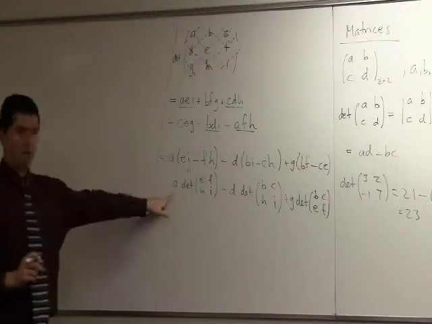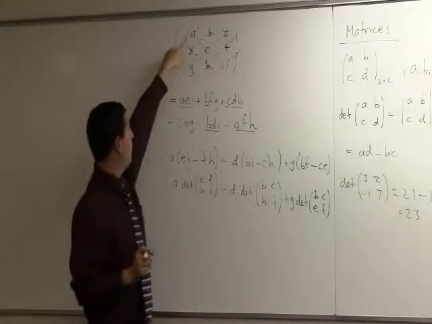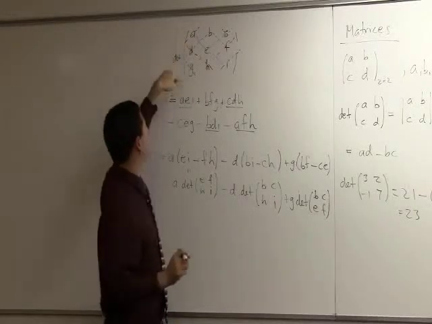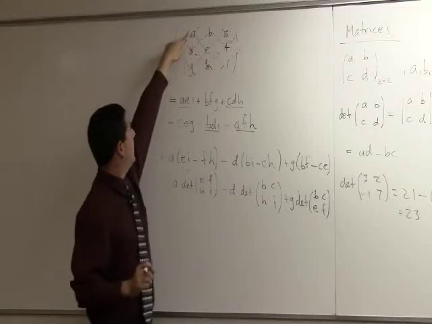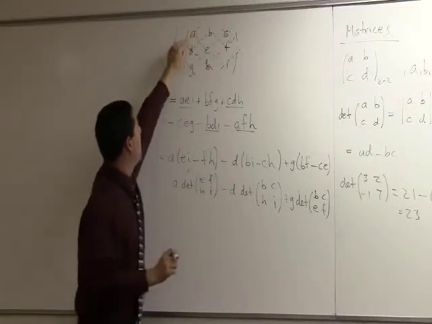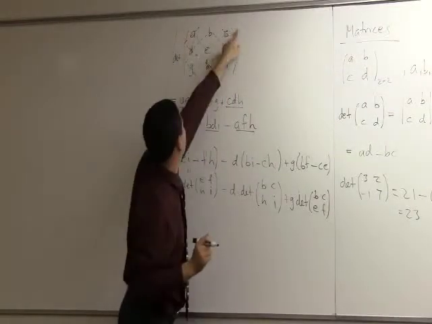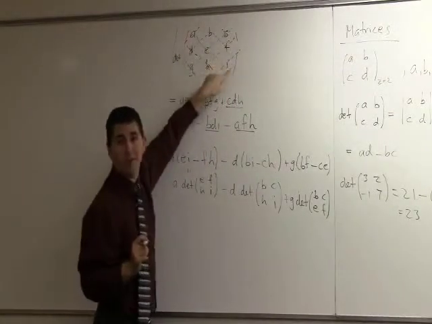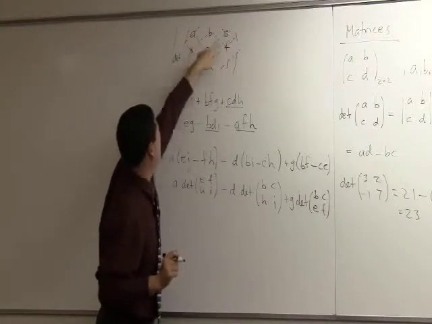Okay, so let's take a look at what you do. You pick a row, and this would actually work if I chose any row or any column. So I pick a column, actually, is what I did. And you start with your A, and then you just cross out this column and this row, and that leaves you with a 2 by 2 matrix. Cross this out, you get EF, HI.